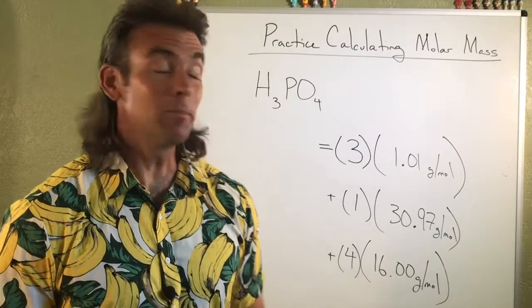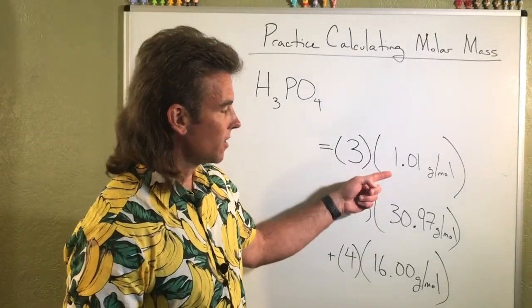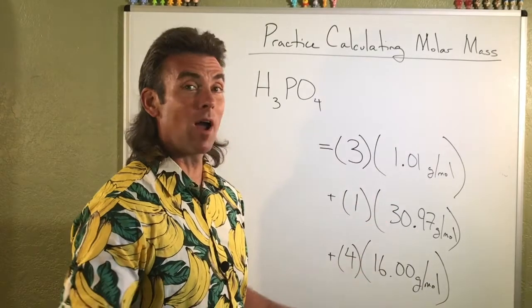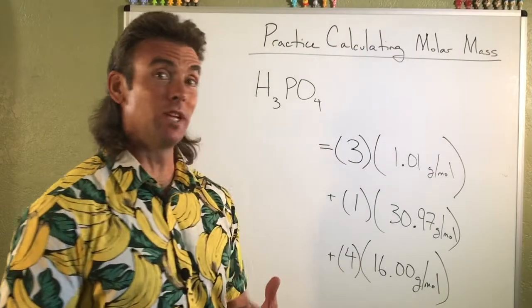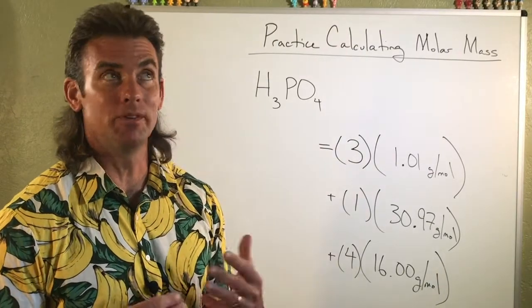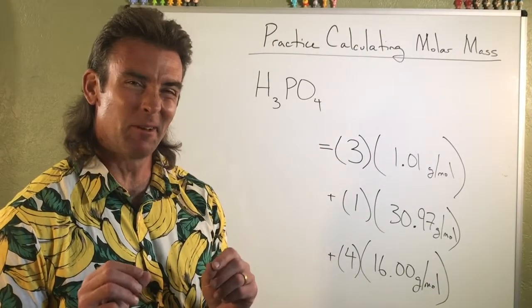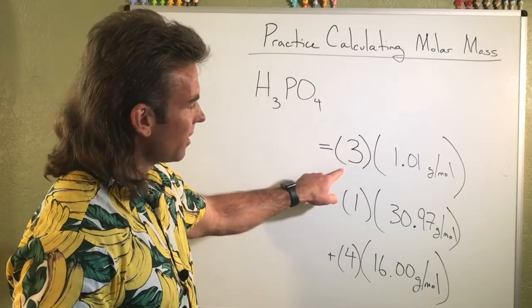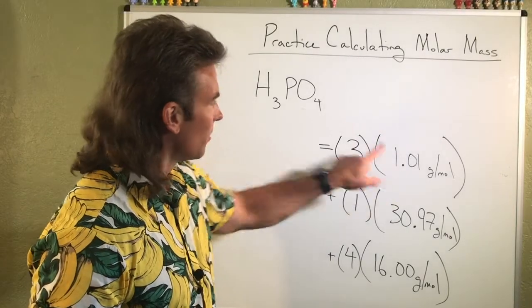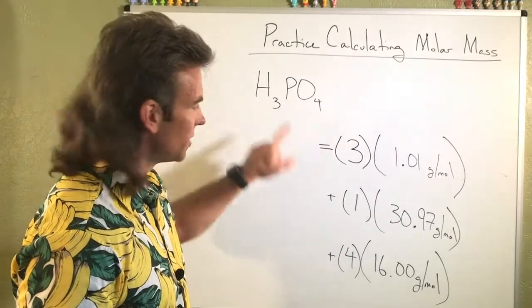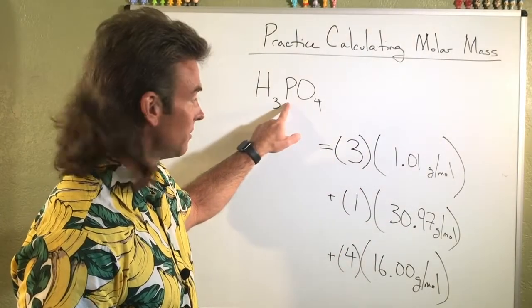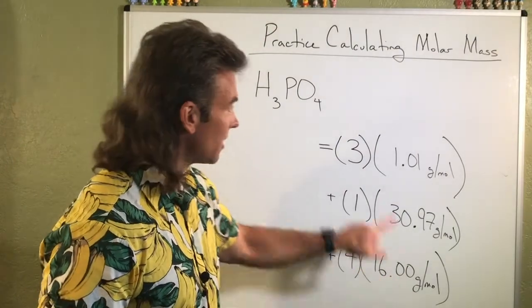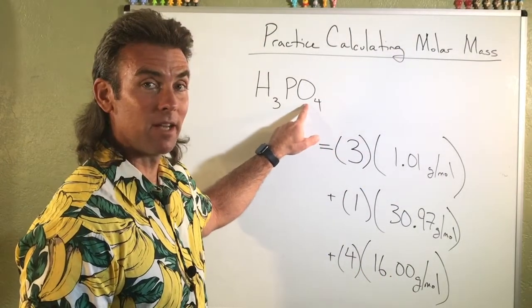Okay, so I looked up those atomic masses, and these are the numbers that I came up with. Keep in mind, I'm rounding them to the nearest hundredths place. And so if you're using the full-on value, don't be surprised if your answer differs just a little bit from mine. So, keep in mind 3 times that number, because we've got 3 hydrogens, 1 times that number, because that's the atomic mass of phosphorus, and 4 times that number, which is the atomic mass of oxygen.